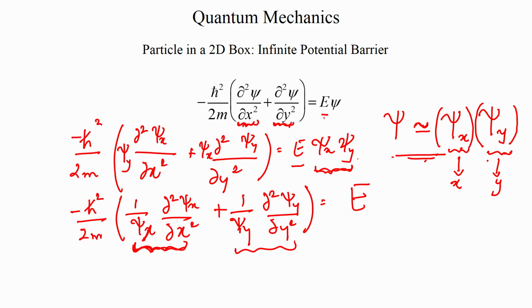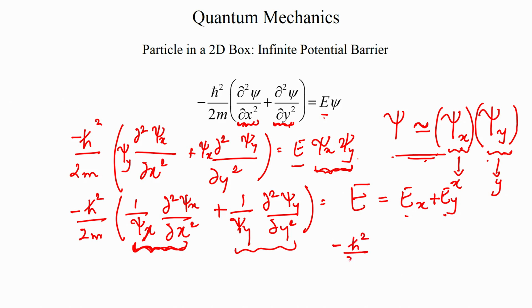And because this is the case, I can rewrite my energy as having two components. One is the energy in the x and the other is the energy in the y. And I can split this in such a way that I can rewrite this one equation as two separate equations.